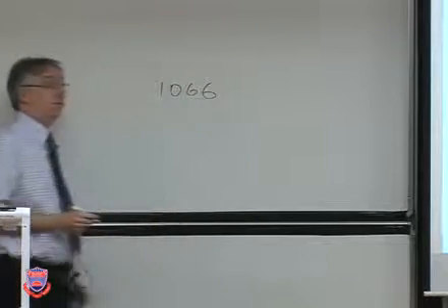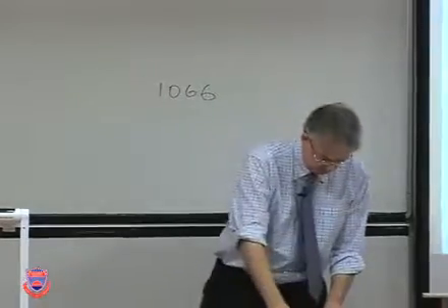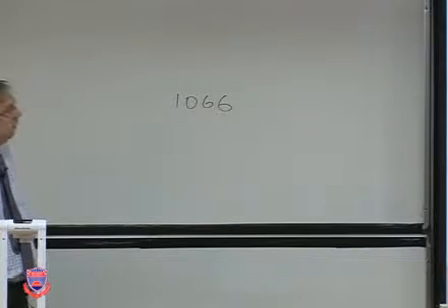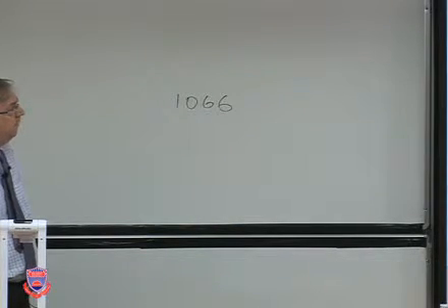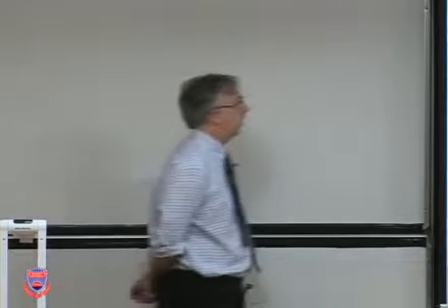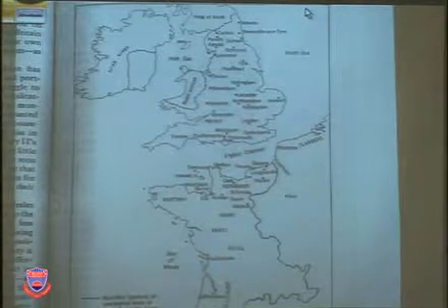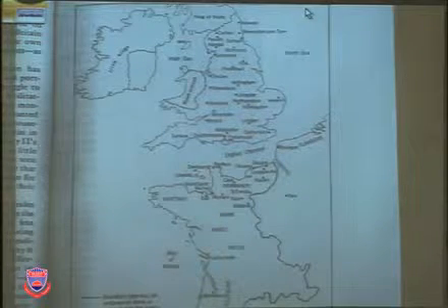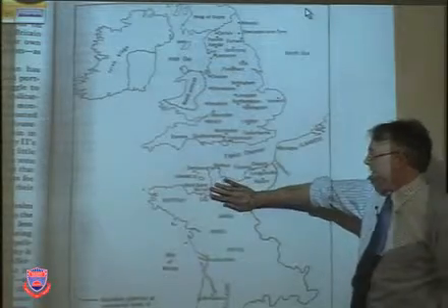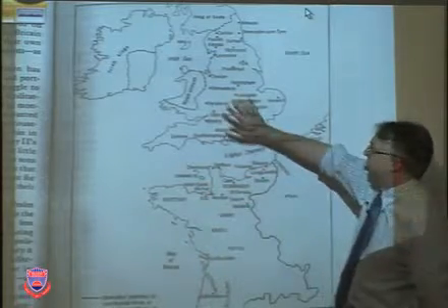Then, 1066, here come the Normans. And following the Normans, the emergence, particularly under Henry II, of what we call the Angevin Empire. Firstly, the Duke of Normandy, who has certain powers in other parts of northern France, but effectively the Duke of Normandy becomes King of England.